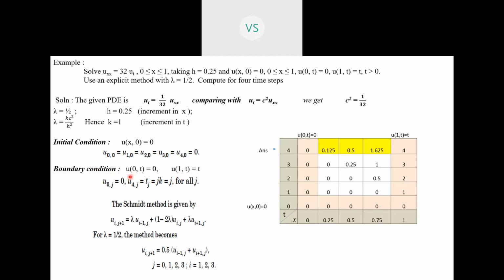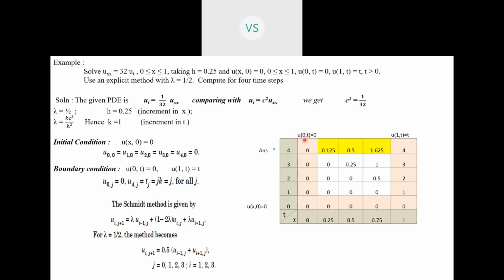So here you can see u of 0 comma t is equal to 0. Now this 0 is x is equal to 0, and t represents any time t. So when x is equal to 0 and t is any time, u is equal to 0. How to apply this condition, we will see here. U is equal to 0 at x is equal to 0.